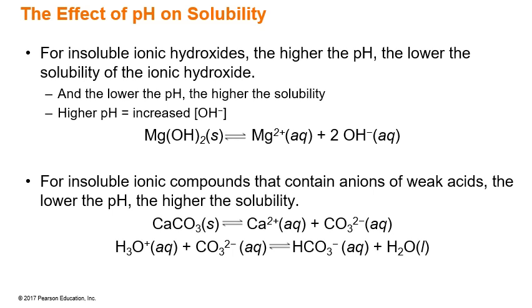And so if we decrease the pH, if we remove hydroxide ions, it's going to shift it towards the product side. And so we can use pH to help us modify how much of our salt dissolves into the solution.